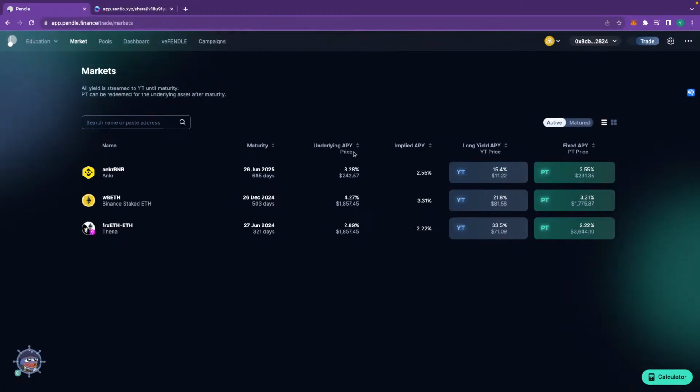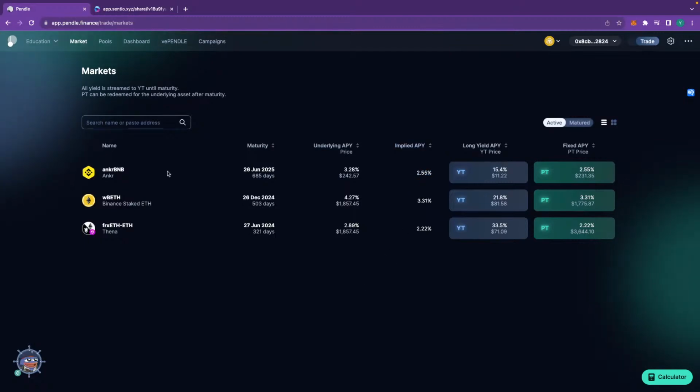Again, implied APY is the most important number to look at, because implied APY is the price of YT, right? So if the price of YT is low, it's a good time to buy. That means we want to look for cheap, or undervalued, implied APY to buy YT.